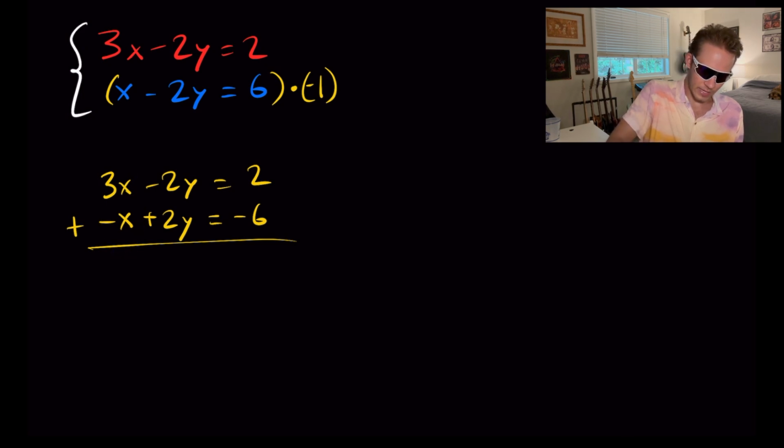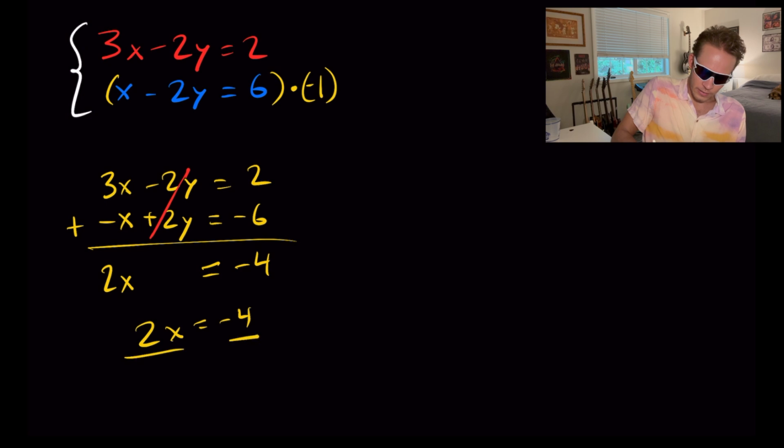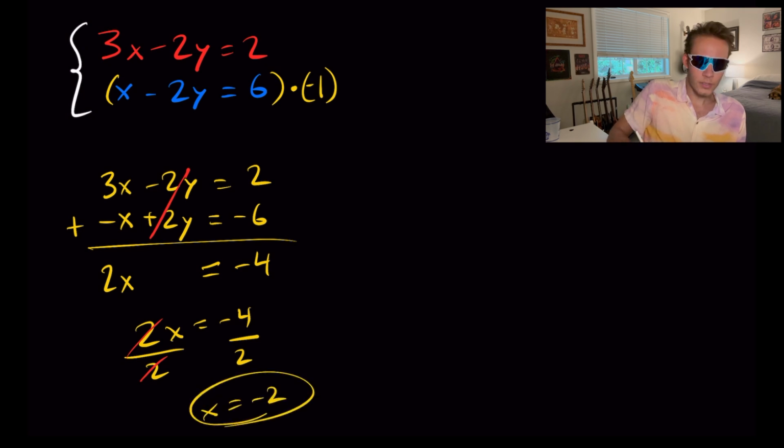So 3x and a minus x, if I add those together, I'm going to get 2x. Negative 2y and plus 2y, that's going to be 0. So those will cancel out. Equals 2 plus minus 6 is going to be negative 4. So I have 2x is equal to negative 4. Divide both sides by 2. And we will get x is equal to negative 2.